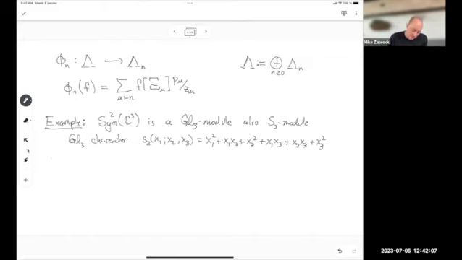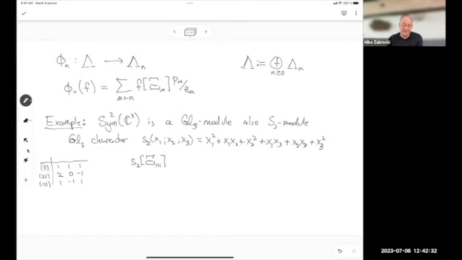Now I want to remember my character table. Save it for later. Here's my character table: 3, 2, 1, 1, 1, 1. I'm going to compute the evaluation of S2 at 1, 1, 1.